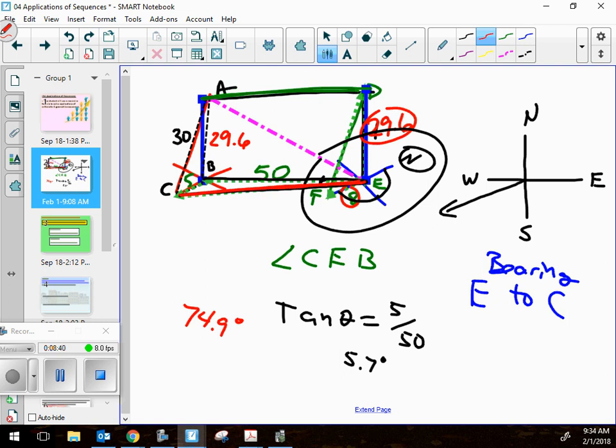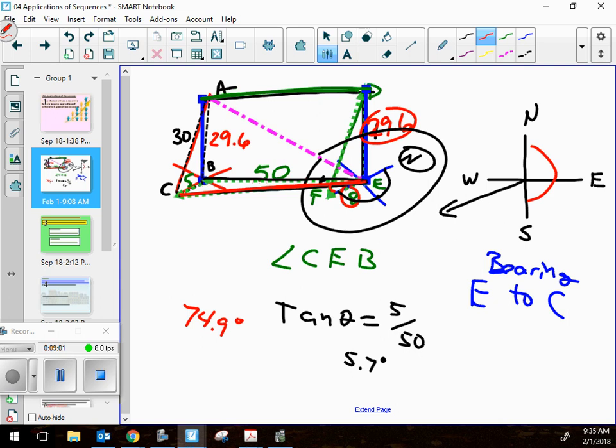To get from E to C, all right, how much more past these two 90s is it? So then we're trying to figure out this little angle right here. I am not sure I gave you enough information to do it.